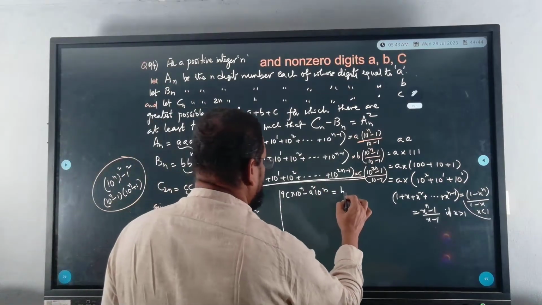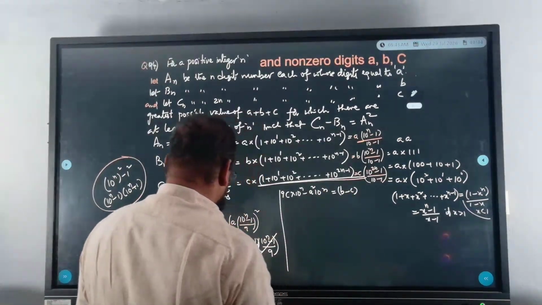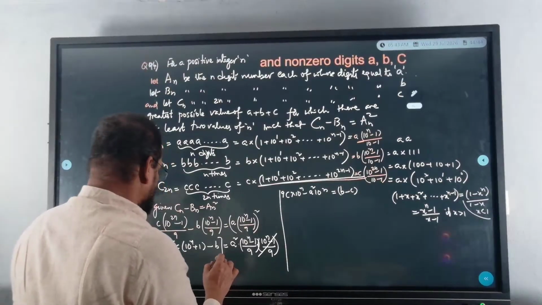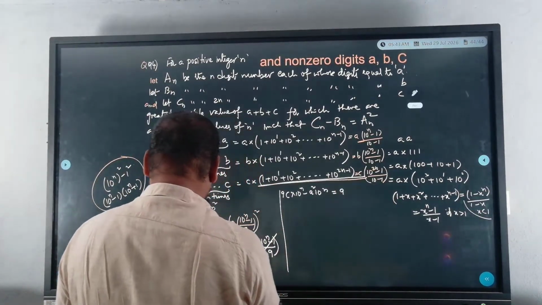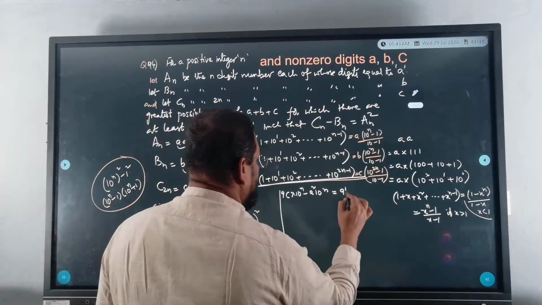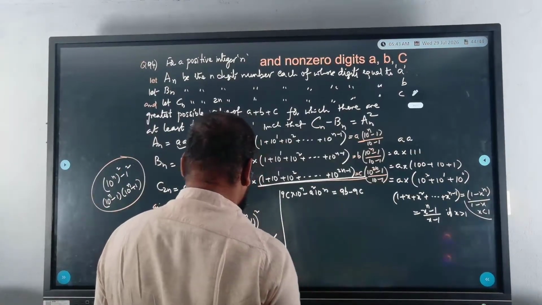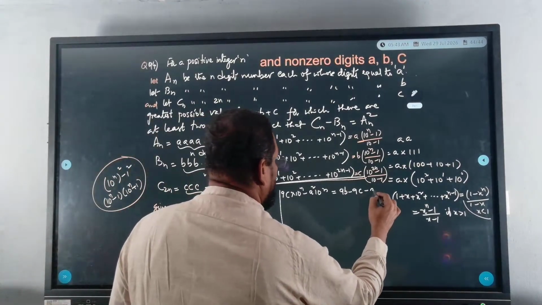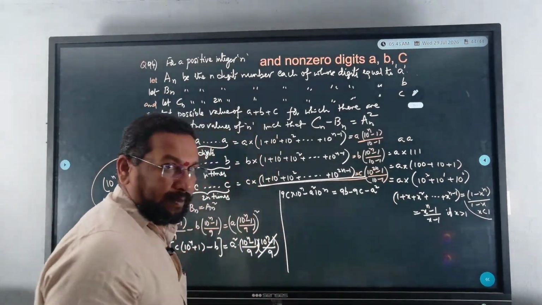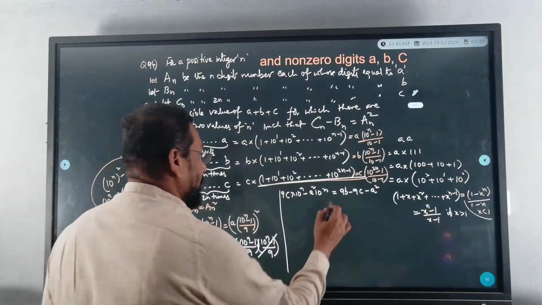On that side, b minus c, 9b minus 9c, because we have to multiply with 9, minus a square.